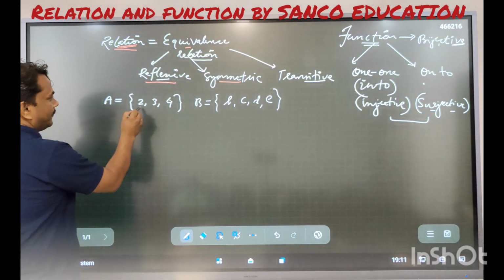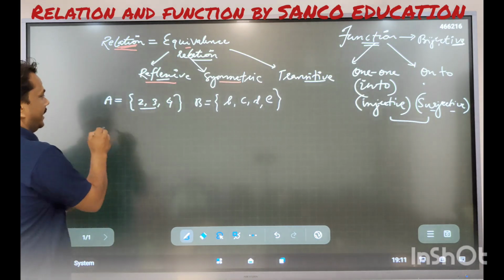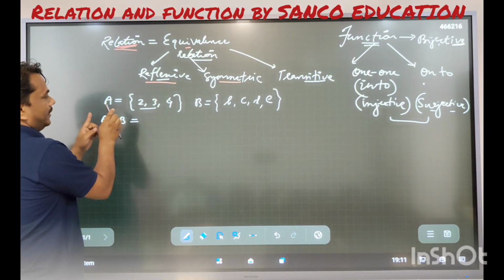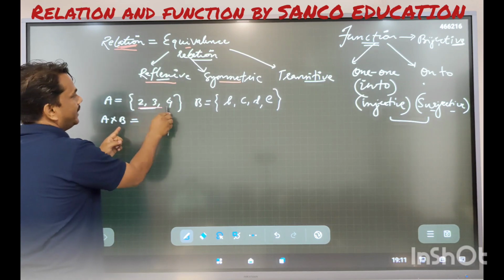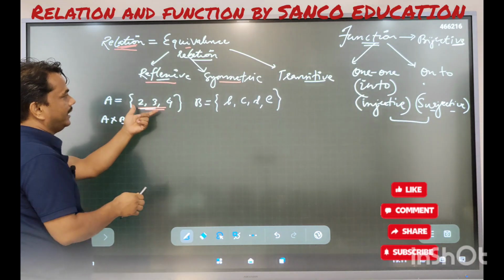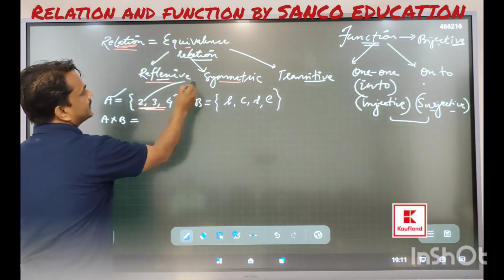It means there are 3 members in this set and 4 members in this set. If I arrange every element, I will make the ordered pair of every element of the first set with the second set.